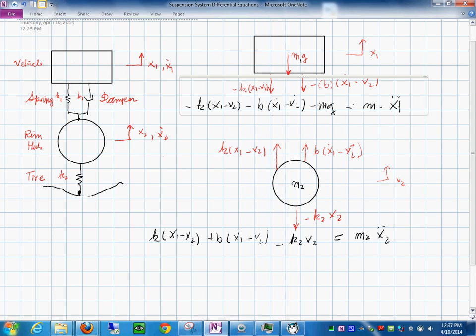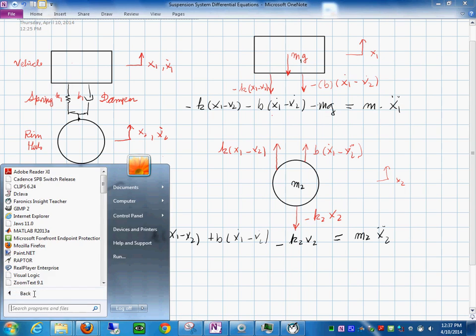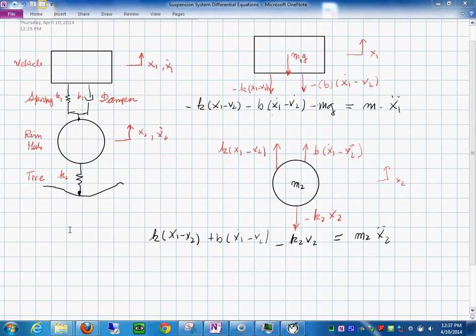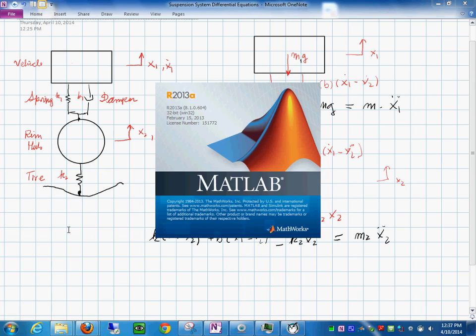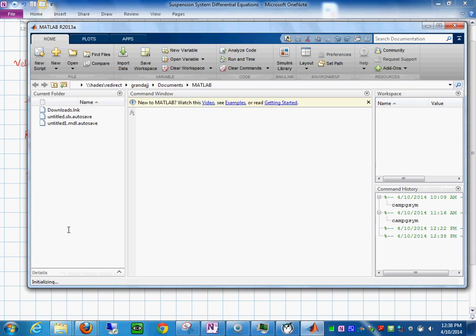To do that, we need to run Simulink first, and that is going to go over here. I think we could try this. MATLAB has Simulink as one of its toolboxes.